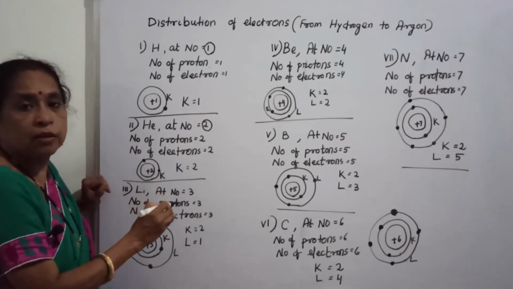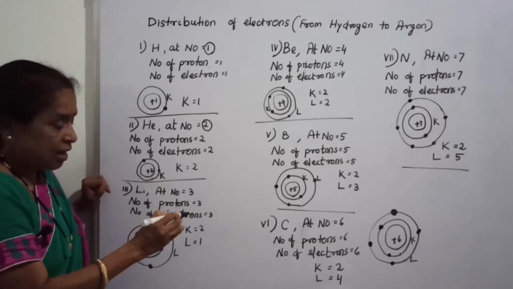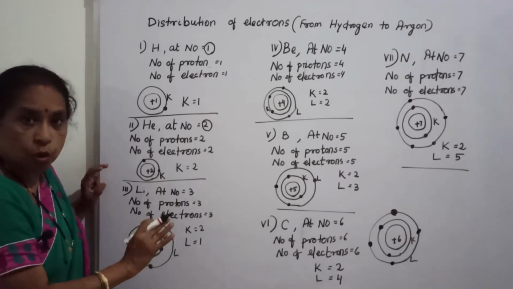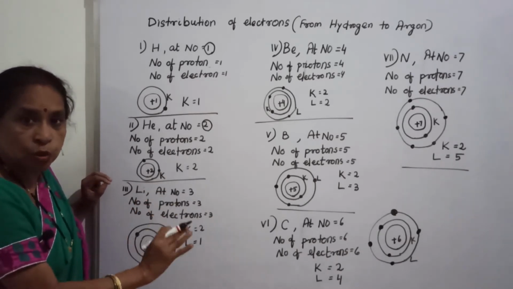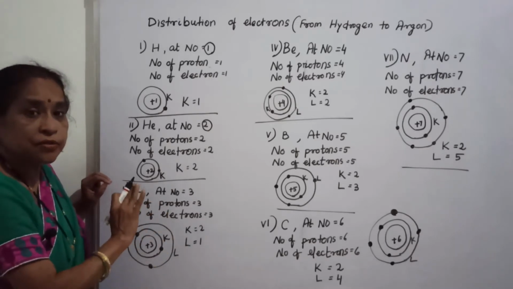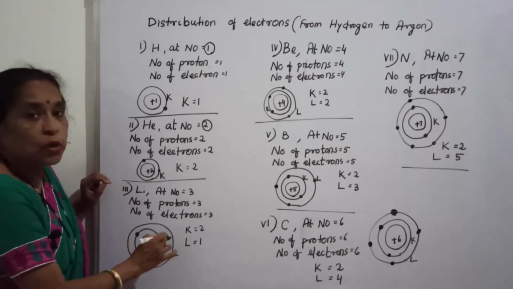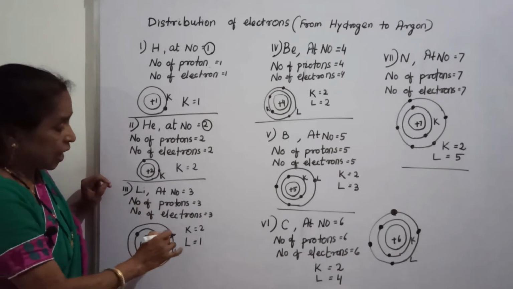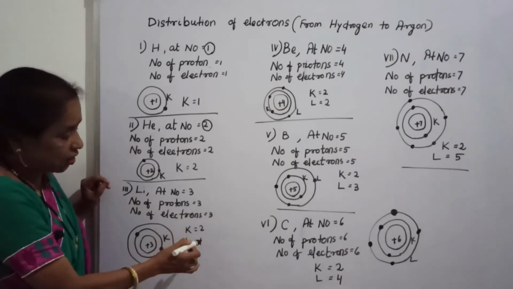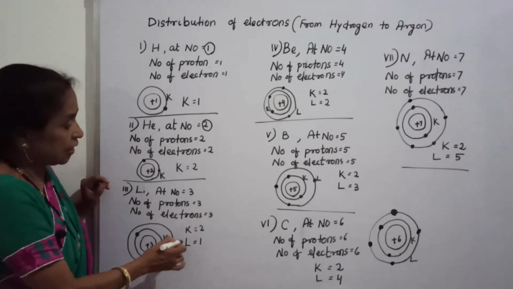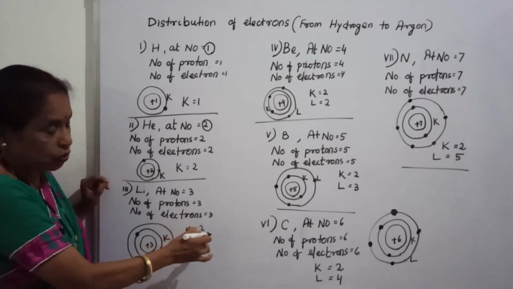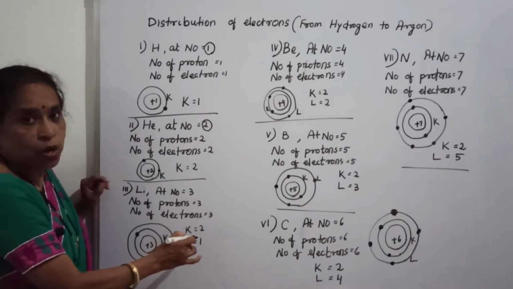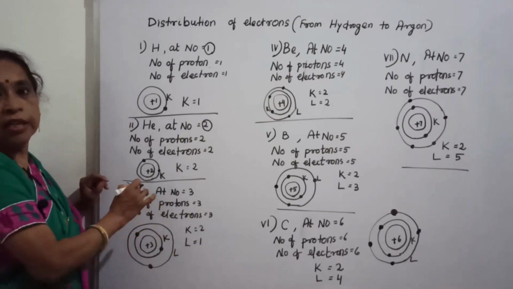Maximum number of electrons in K is 2n square, that is equal to 2. K shell is over, the inner shell is filled, that is why it goes to L shell, and the remaining 1 electron goes to L shell. That means K has 2 electrons, L shell has 1 electron for lithium.